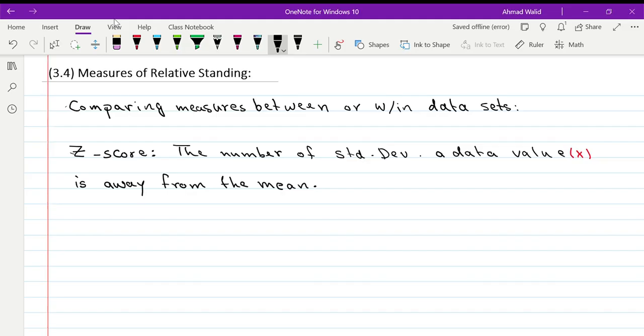For example, if you remember this example I used in 3.3, I will repeat it here. It was about the weight. Here you had 10, here you had 58, and of course our mean was 34.